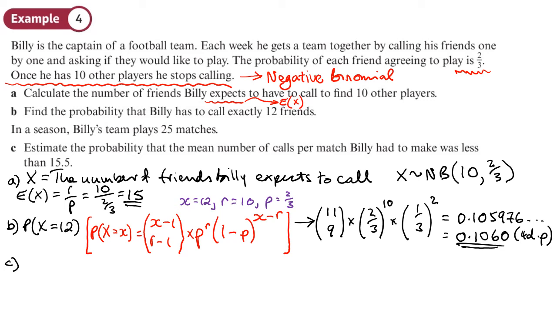Part C. It says, in a season, Billy's team plays 25 matches. Estimate the probability that the mean number of calls per match Billy has to make was less than 15.5. So basically it's like 25 samples of this number of calls.